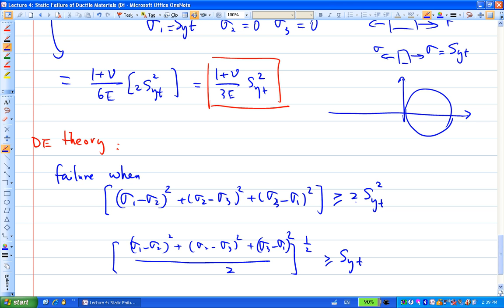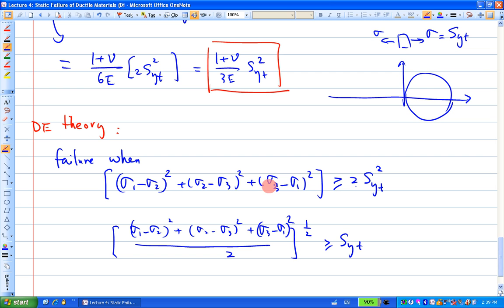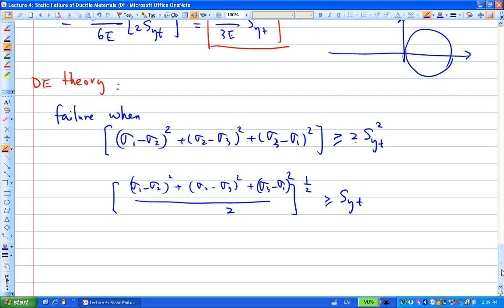What we're comparing now, instead of these two quantities, is these two quantities. This is the yield strength, so you're comparing something with the yield strength. When it's greater than the yield strength, it's failure. When it's less than that, it's okay.